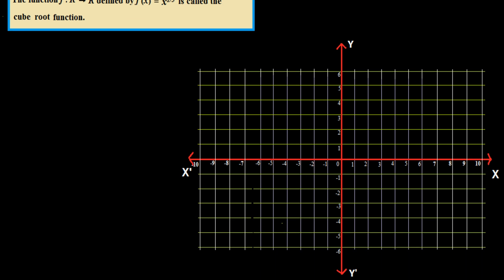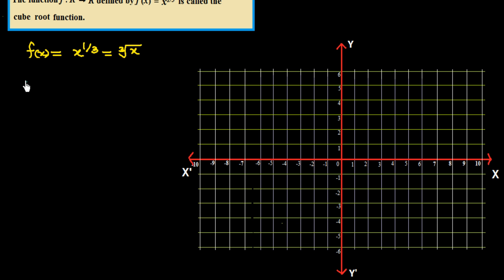So I would like to explain in detail now. We know that f(x) is equal to x to the power 1/3, or we could write it in this way, the cube root of x.